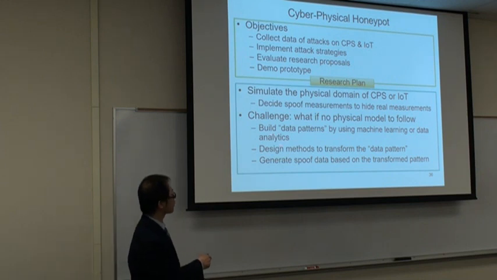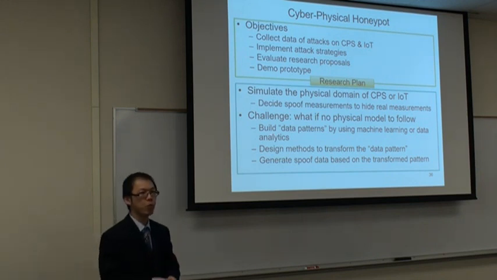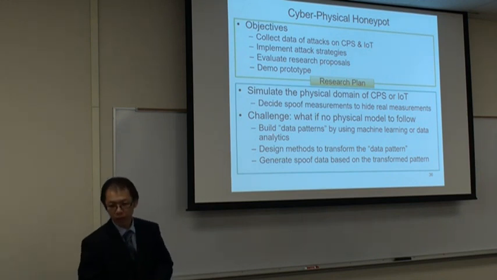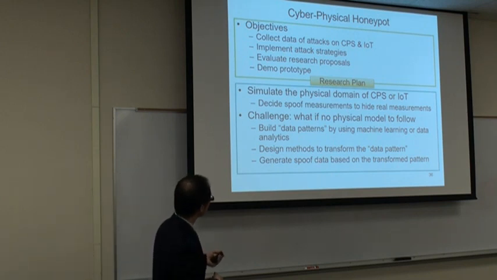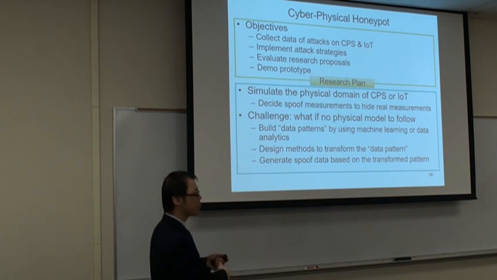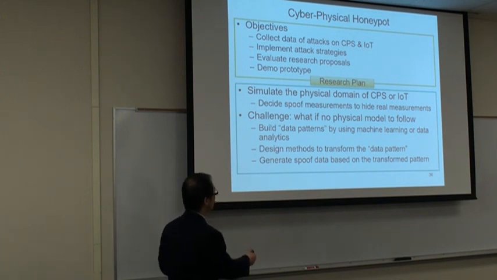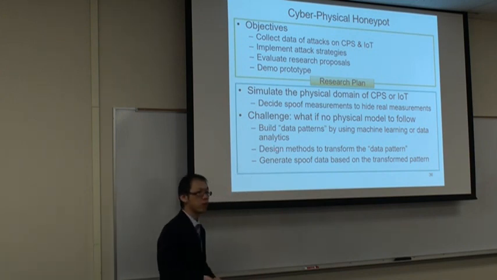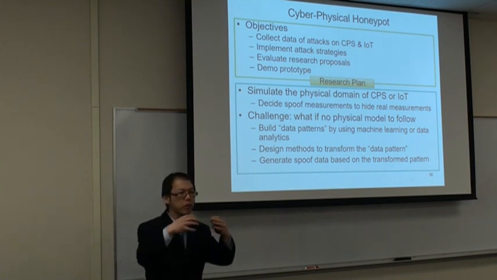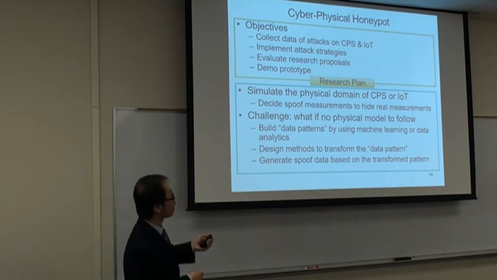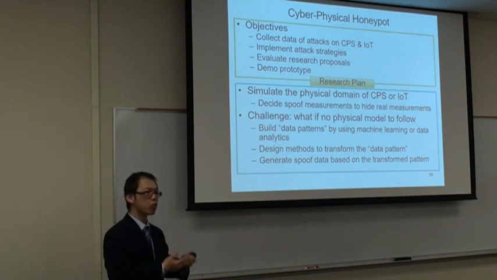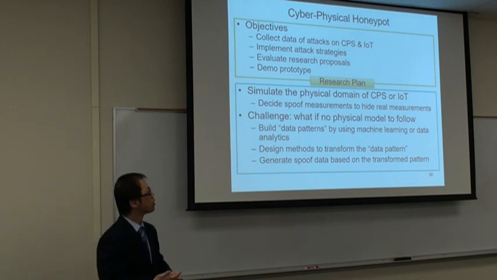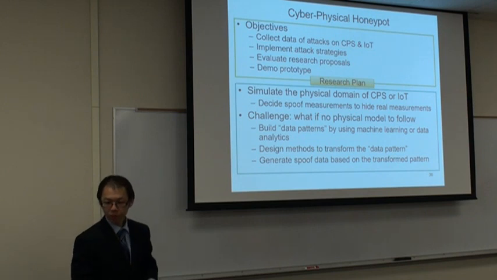One direction I'm thinking about is using machine learning to build data patterns, then finding a way to change the real pattern into a different one, and using this as the basis to generate the spoofed measurements. I think in this case it can complete the whole story of the existing honeypot projects and make them more like a realistic cyber-physical environment.